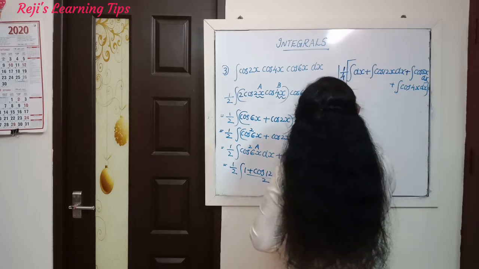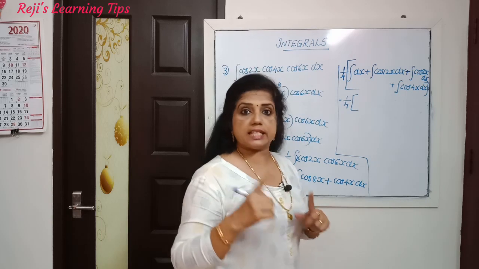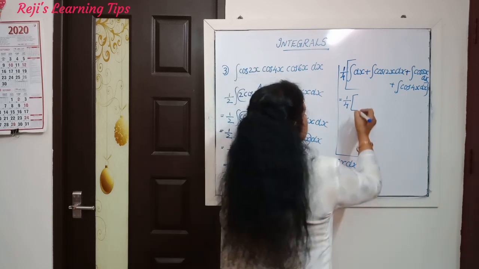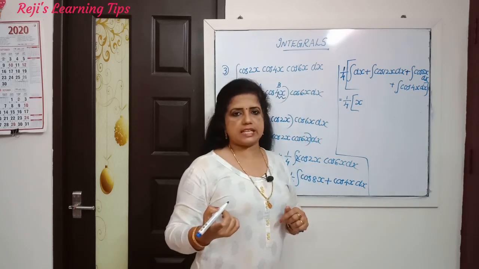That is equal to 1 by 4 into the integral of dx, that is x, plus what about the integral of cos 12x dx?